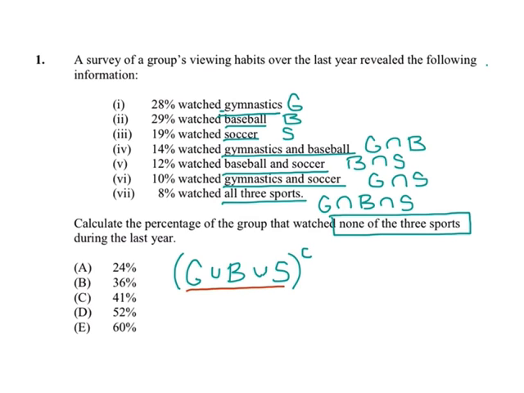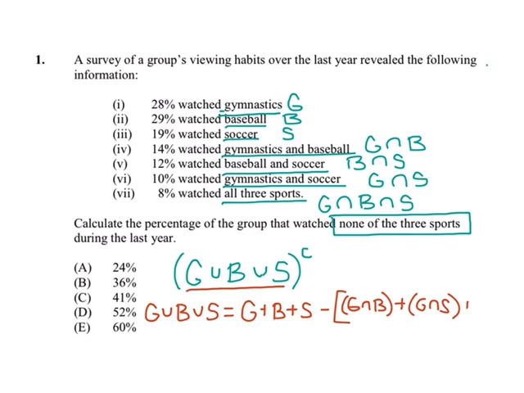So if I'm finding G union B union S, I would add G, B, and S. Then I'm going to subtract out the intersection of G and B, G and S, and B and S. But then I need to add back in the intersection of all 3.